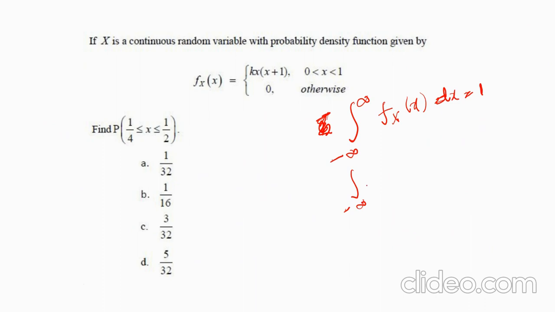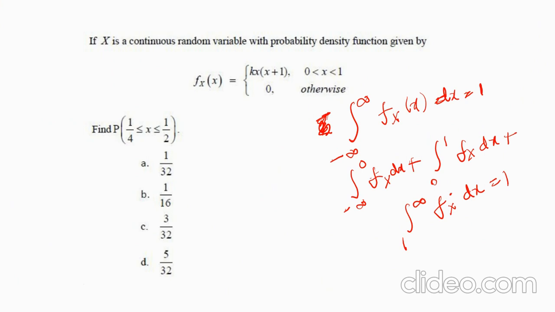We will divide it as minus infinity to 0 of f(x) dx plus 0 to 1 of f(x) dx plus 1 to infinity of f(x) dx is equal to 1.